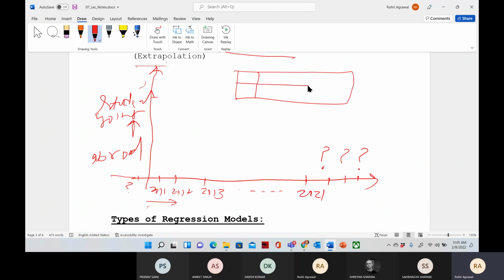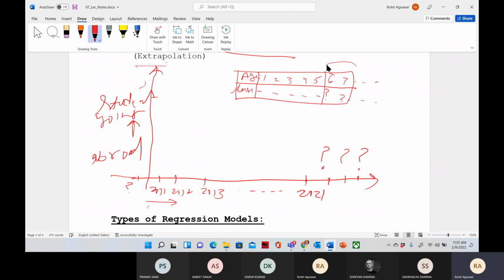Suppose this is the age, and this is the height. You have data points 1, 2, 3, 4, 5, up to here, with the height. Now your goal is to predict the height for this, and this, and so on.